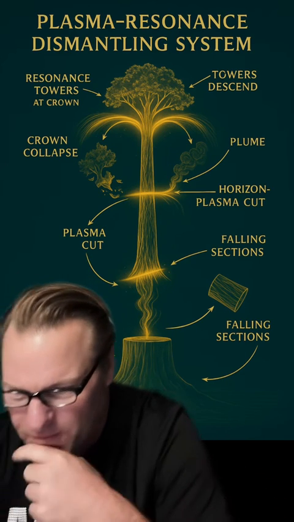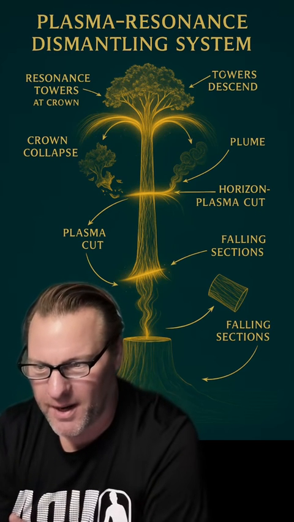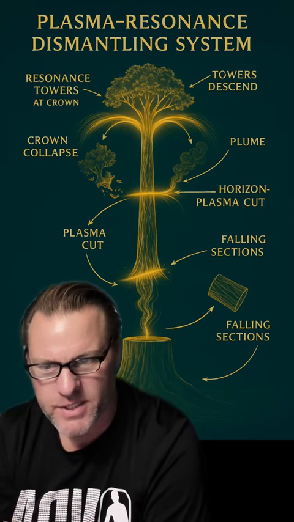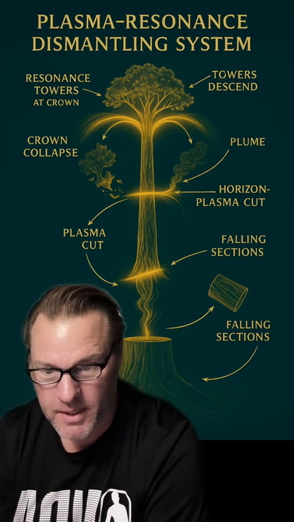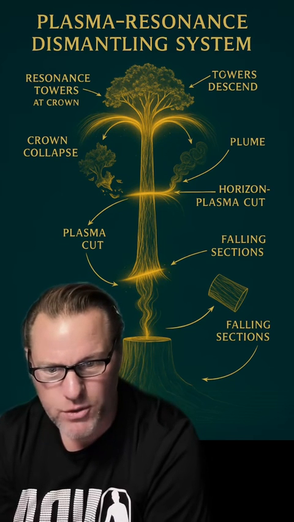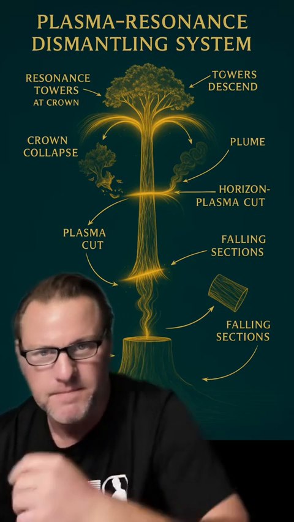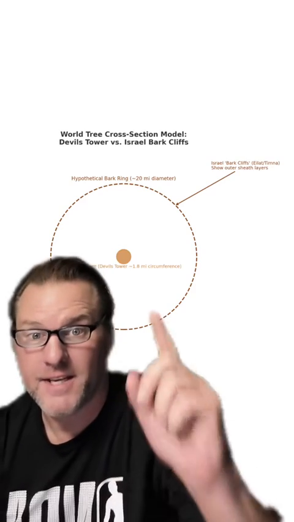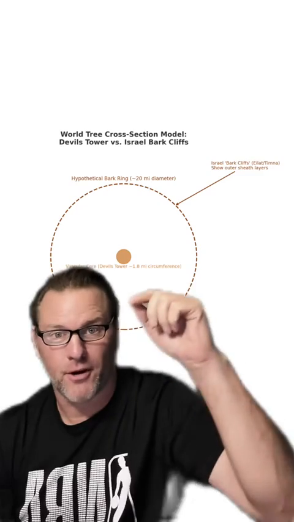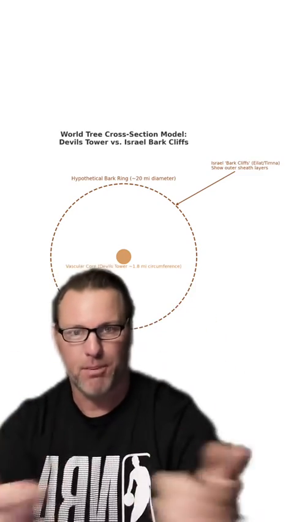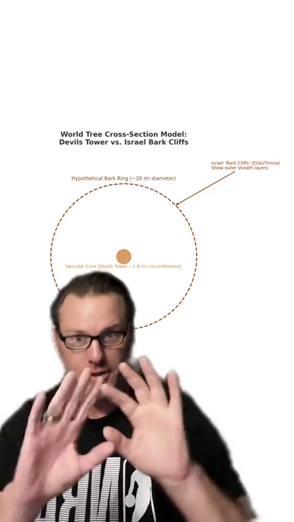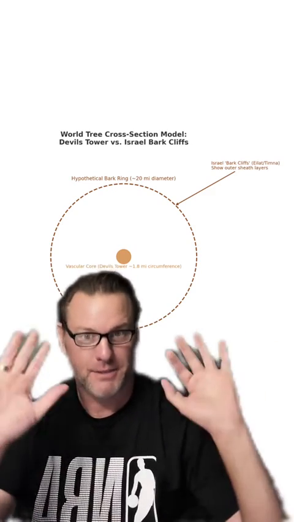What if I take the circumference of a stump, scale it up the way you would a normal tree, and see how tall that tree would have been? So I took the base perimeter, and these perimeters are miles wide.